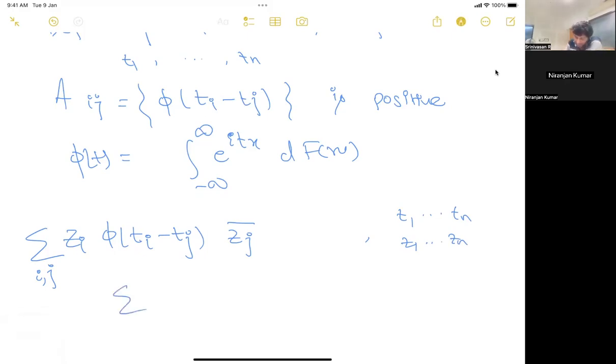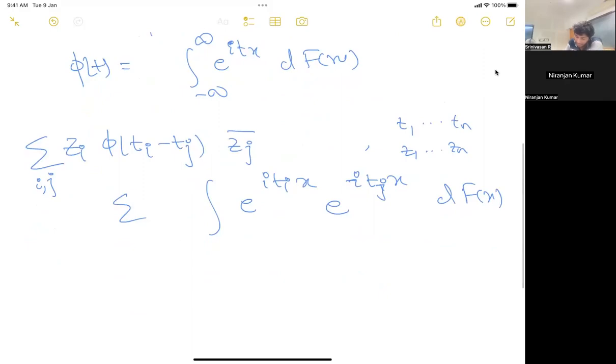We can easily see why this should be true, because this will become the integral of e to the I ti x, e to the negative I tj x, dF of x, with zi zj bar, summed over ij.